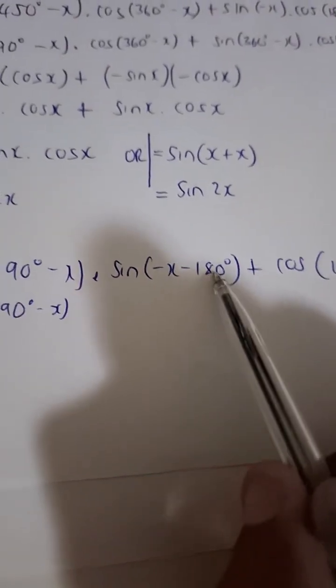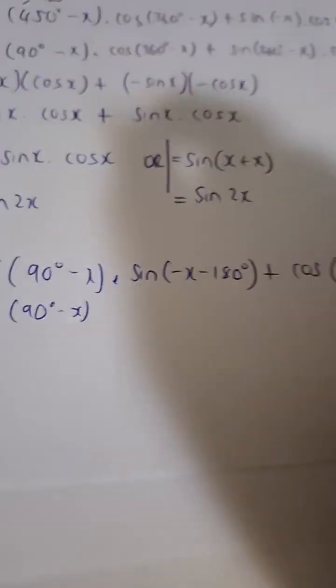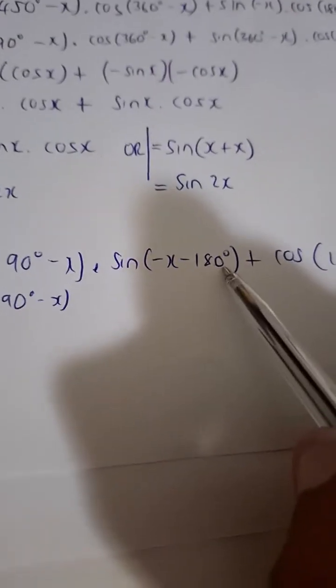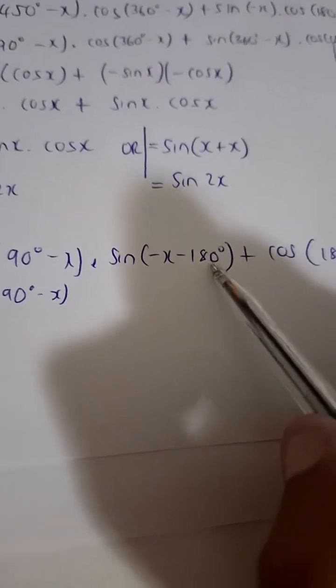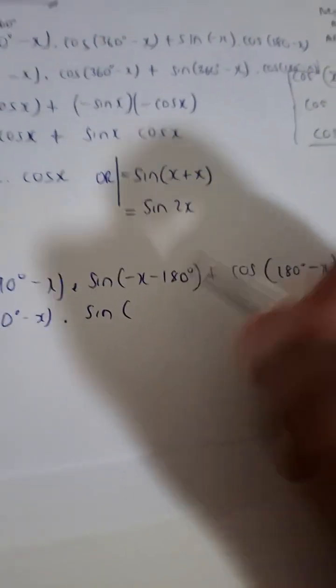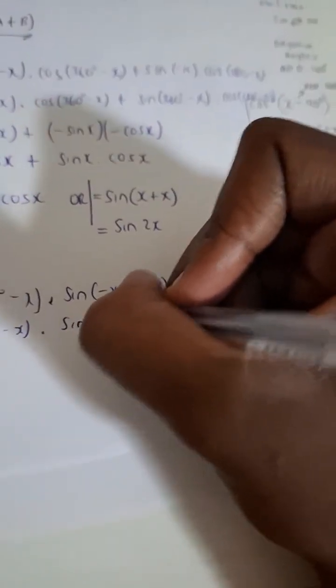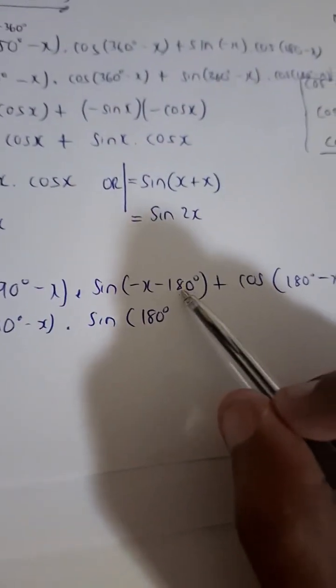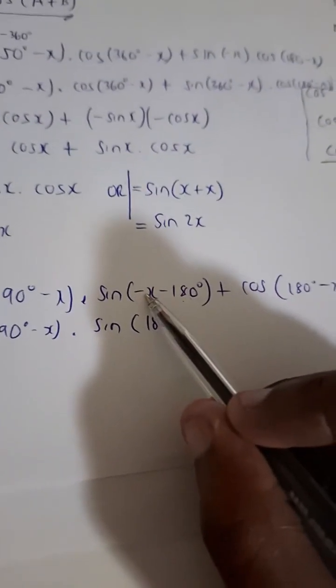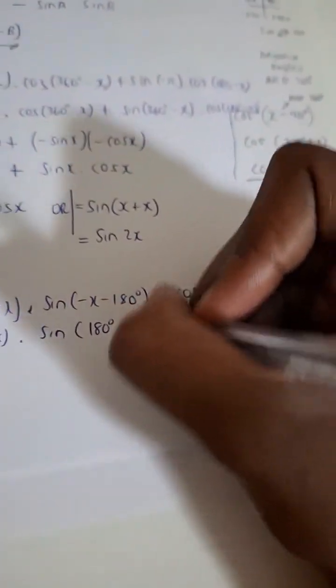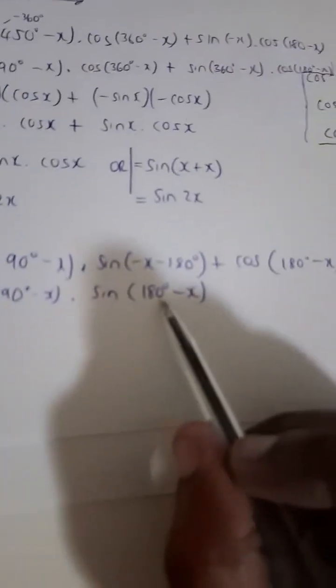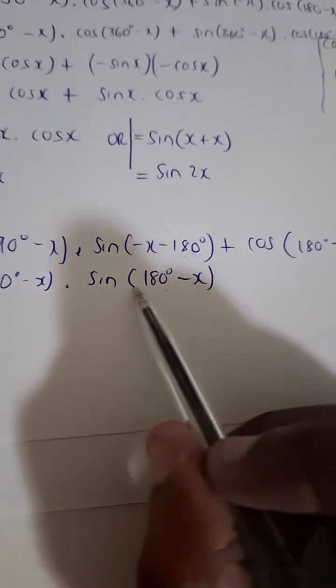So this angle is negative. What do I do? I add 360 to negative 180. When I use my calculator and add 360, I can see this is actually sine of 360 minus 180, which is 180 degrees. This x is still negative x. So now I'm within the interval of 0 to 360, and that's what I wanted.